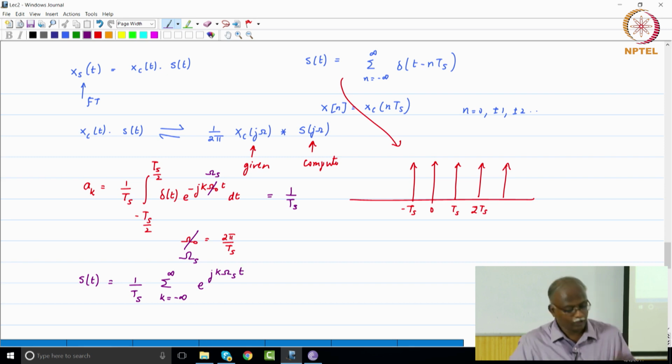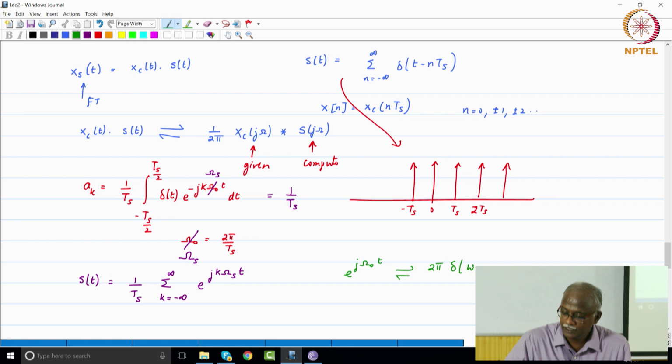Basically, all of them are complex exponentials, all of them have got the same weight. Just recall that the Fourier transform of e power j omega naught t is 2 pi times Dirac delta of omega minus omega naught.